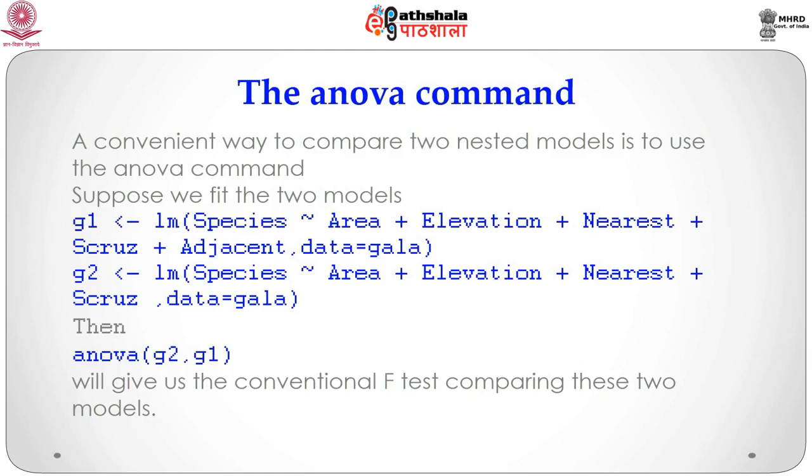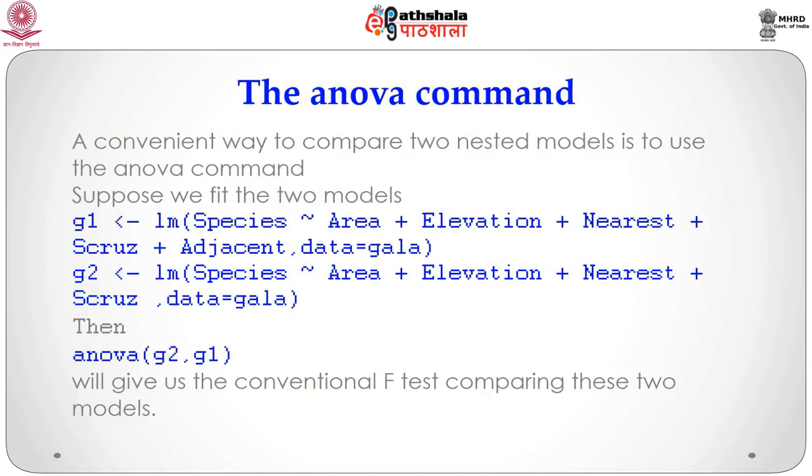We can also choose to fit various subsets of the covariates, and to get a formal idea about the significance of each model, we can compare two nested models using the ANOVA command. So say for example, we use the lm command to fit two models, G1 and G2, where G1 includes the covariates area, elevation, nearest, S-cruise, and adjacent, and G2 includes area, elevation, nearest, and S-cruise, and omits adjacent.